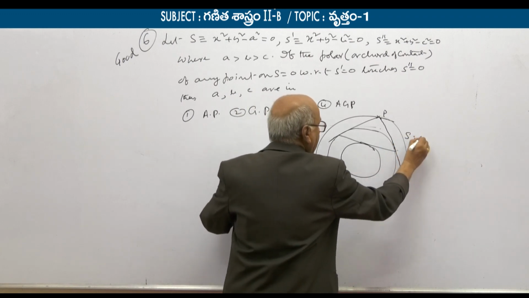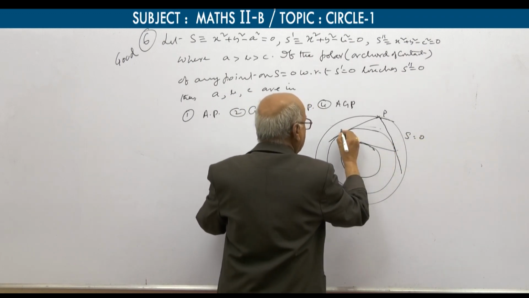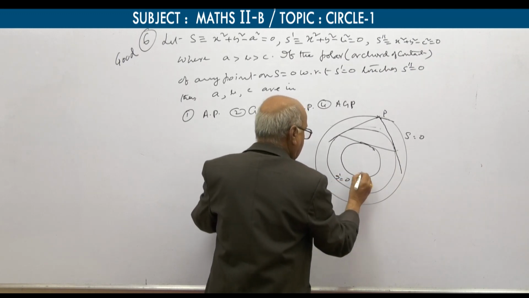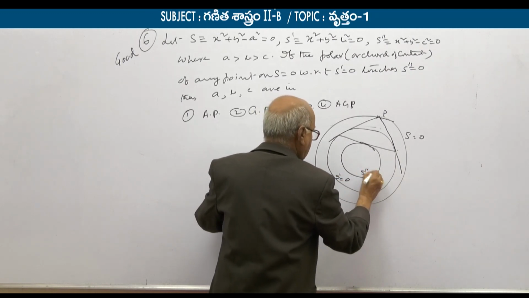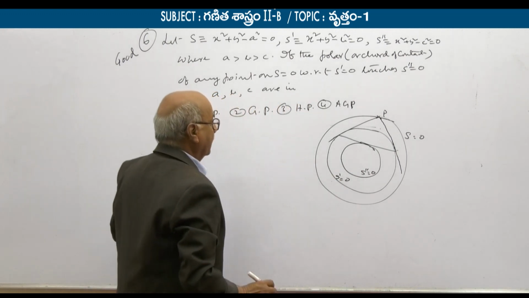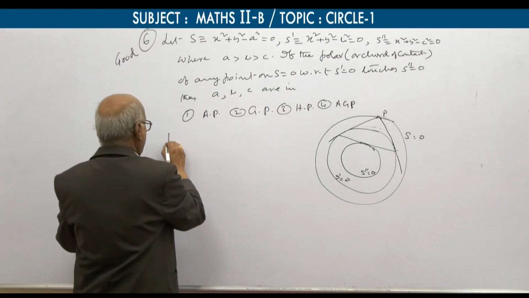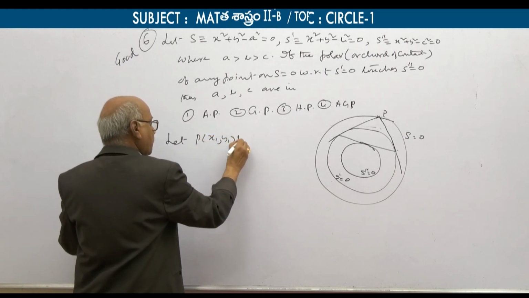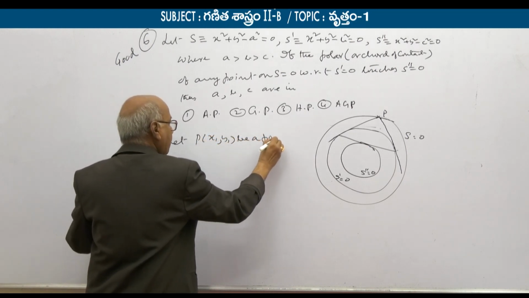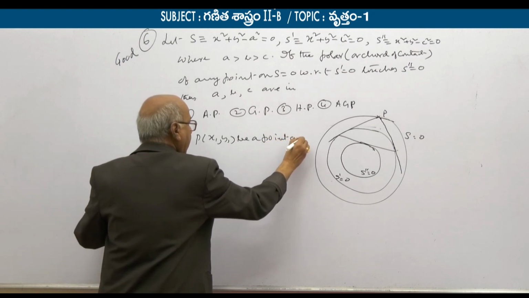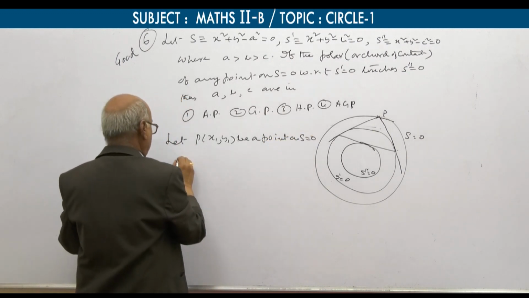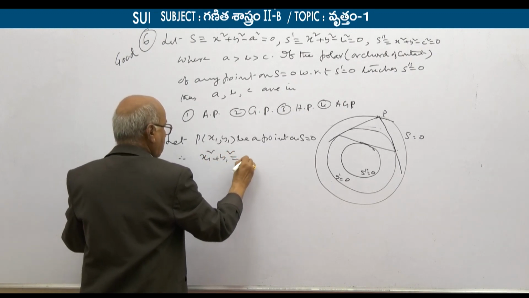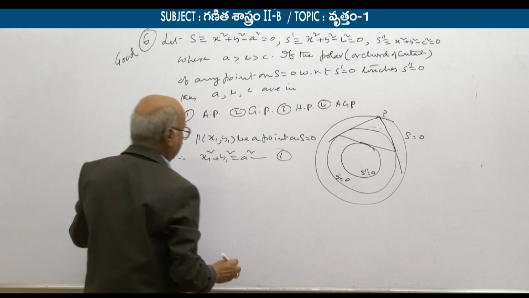So this is the outermost circle, this is the second circle, and this will be the third circle. Now you can see, let P(x1, y1) be a point on S equal to 0. So therefore x1 square plus y1 square is equal to a square, number 1.